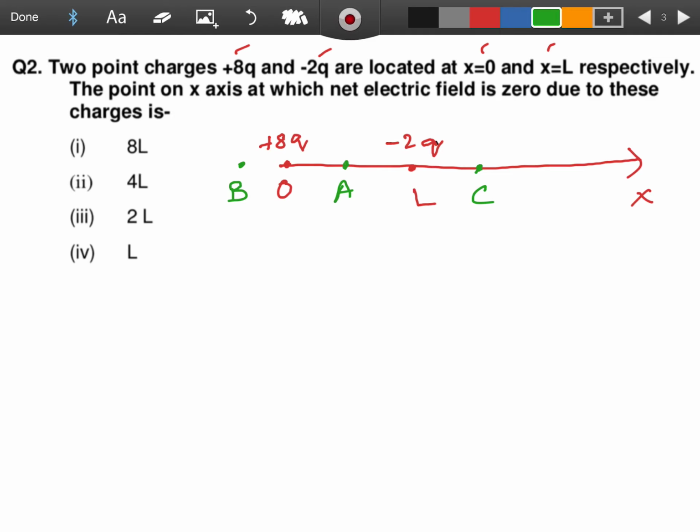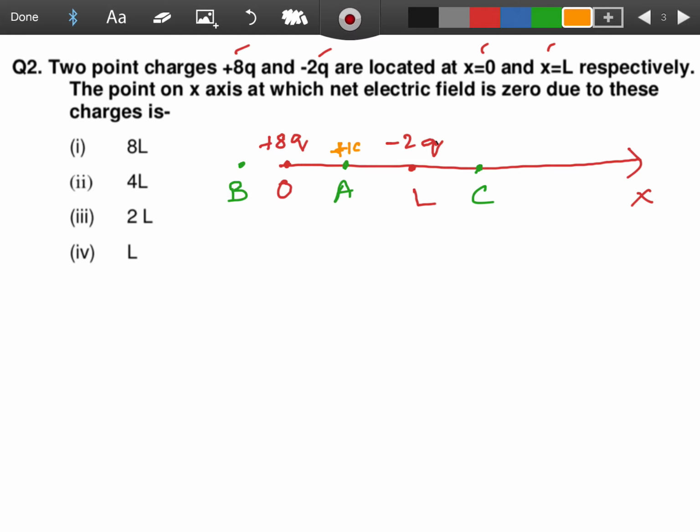Now at A, what happens? See, I will tell you one simple logic. Whenever you want to find the electric field at a point, you just imagine that you are keeping a unit positive charge there. So let us keep a unit positive charge here. Now what will plus 8q do to that?